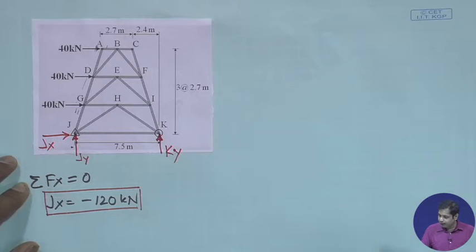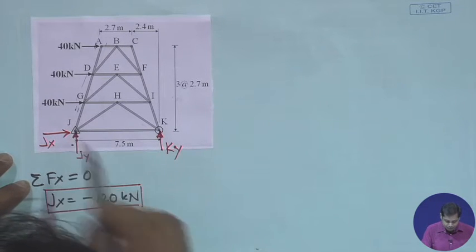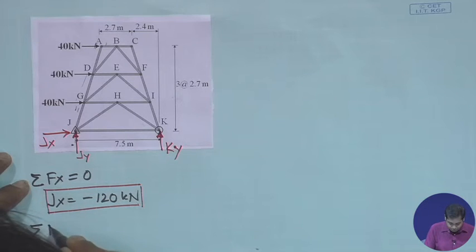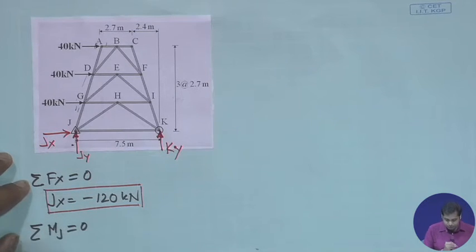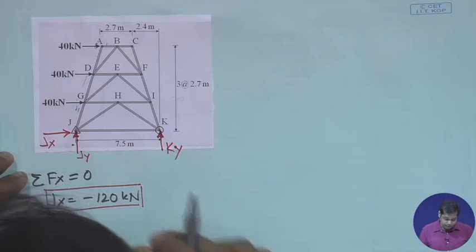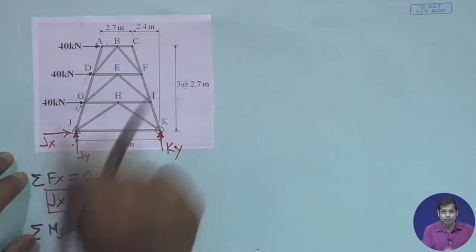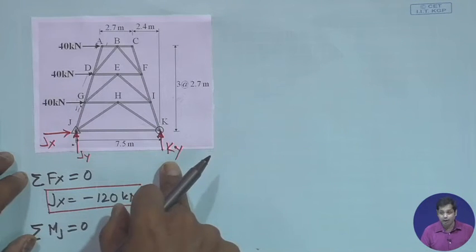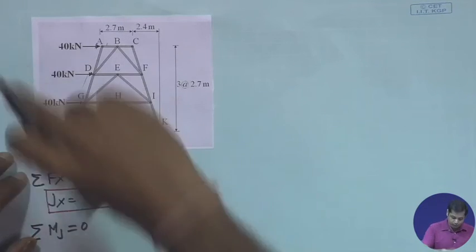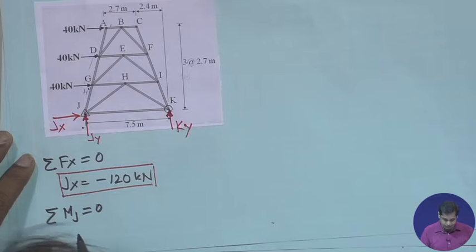Then take moment about J, summation of moment about J equal to 0. All these forces will produce clockwise moment, and then force Ky will provide anti-clockwise moment.